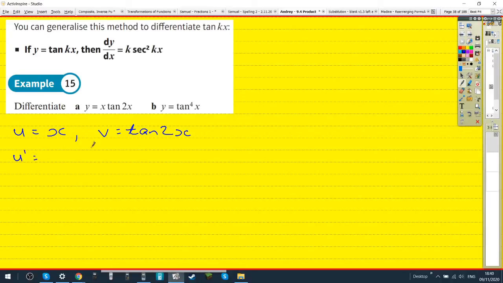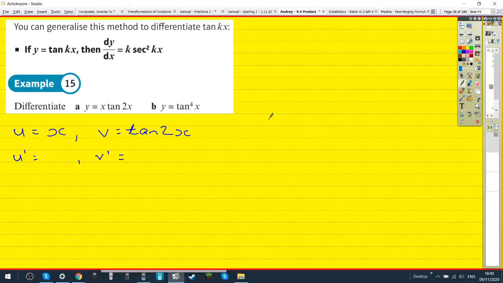So which rule are we using for this one? Quotient rule. It's not x divided by x. Chain rule. Multiplied by each other will be product rule.